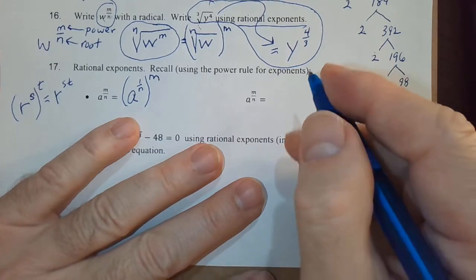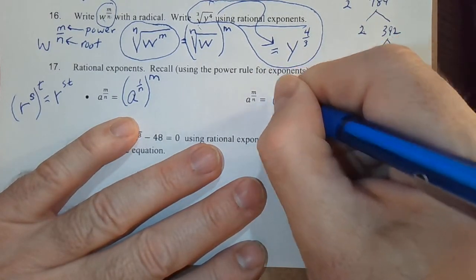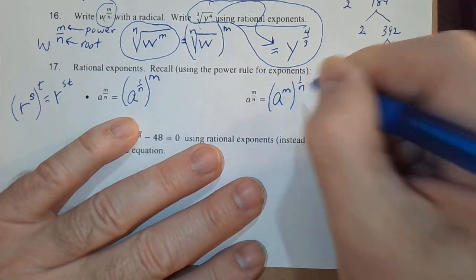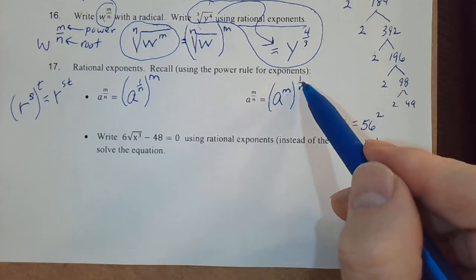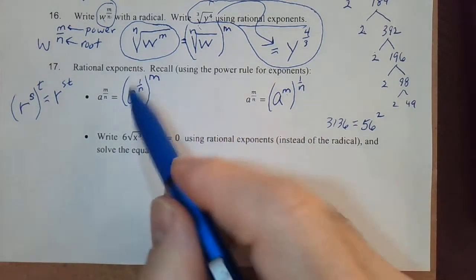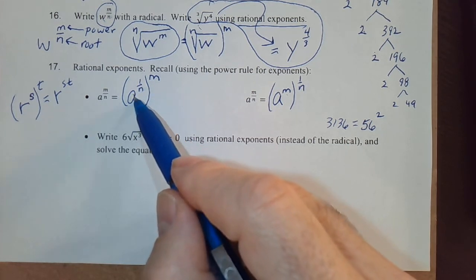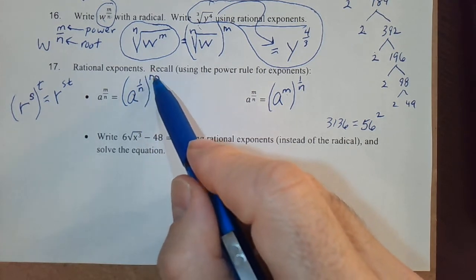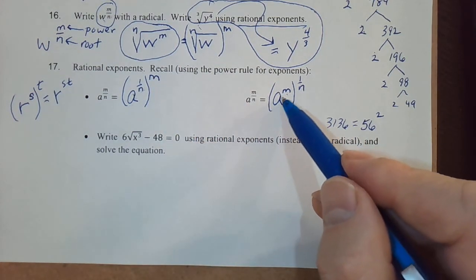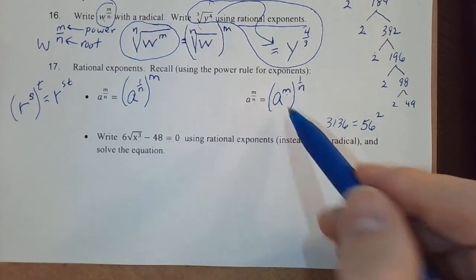And the other way to do it would be to take the a and first raise it to the m power, and then raise it to the 1 over n. Because m times 1 over n is m over n. So it doesn't matter. Remember, this is like the root. Take the nth root of a and raise it to the m power. Or you can take the m power of a and then take the nth root of the whole thing.